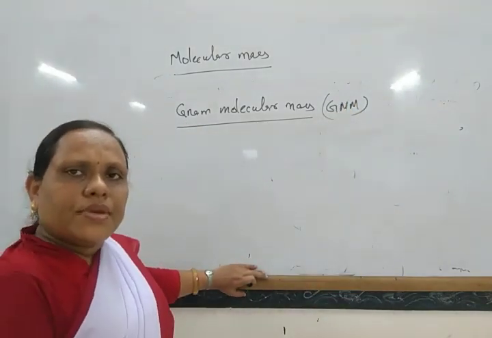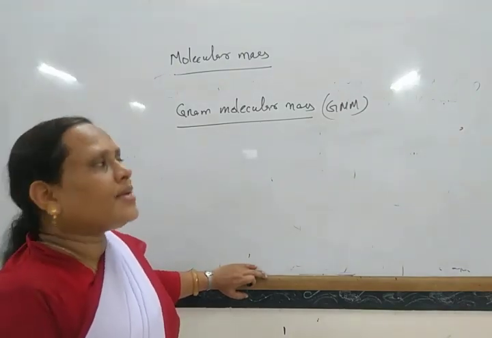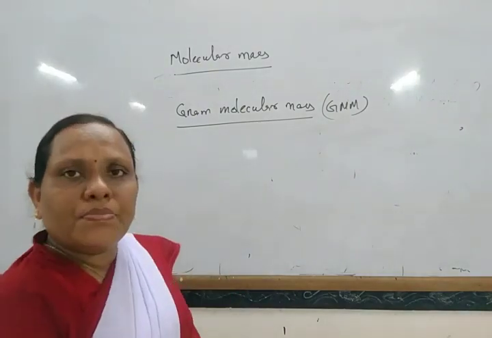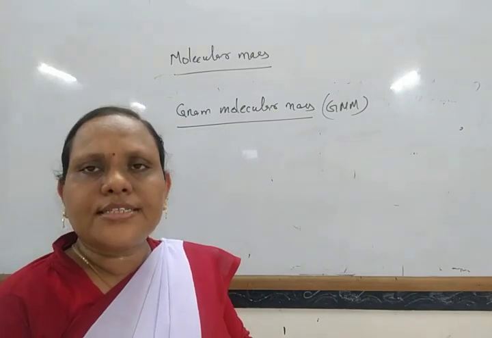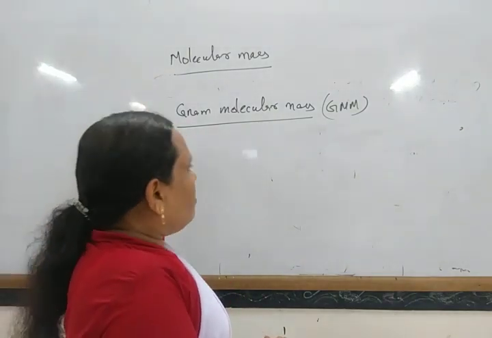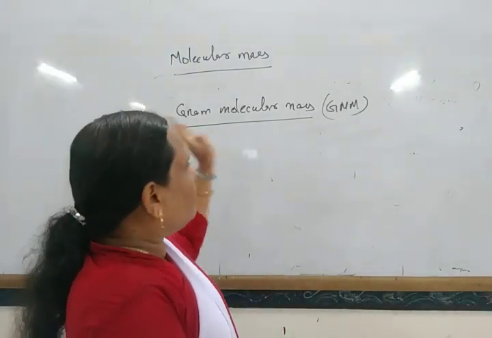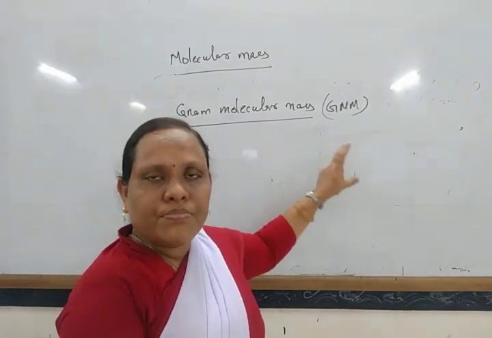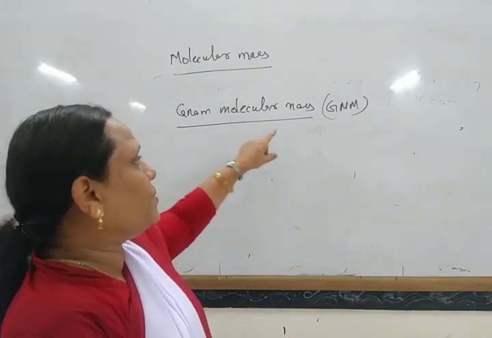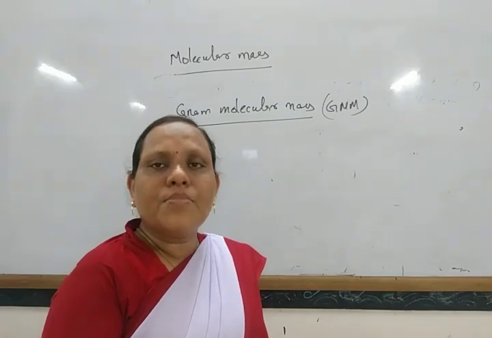The molecular mass of a molecule expressed in grams is called gram molecular mass. Or simply, the mass of some element or compound in grams which is numerically equal to the molecular mass of the substance is known as gram molecular mass.